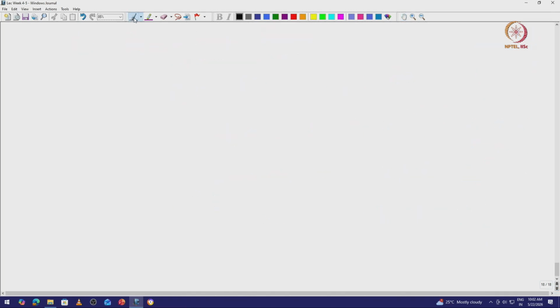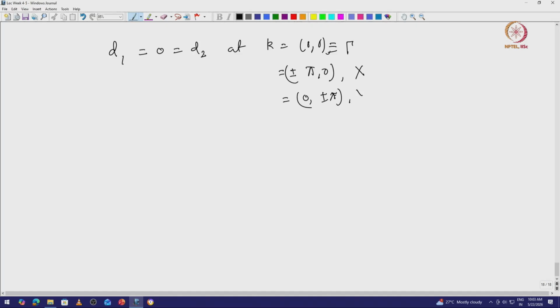Simply because now we see that d1 goes to 0 and d2 goes to 0 at k equal to 0, 0, which is called the gamma point, and plus minus pi, 0, which we will call the x point, or 0, plus minus pi, which we will call the y point, and the equivalent points.